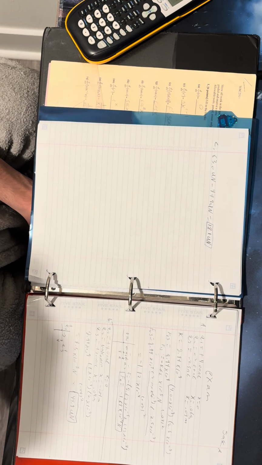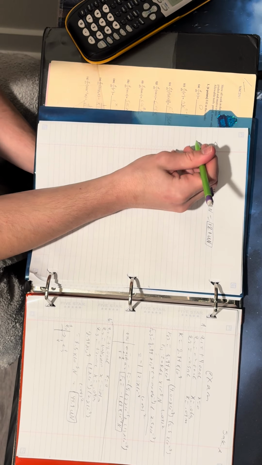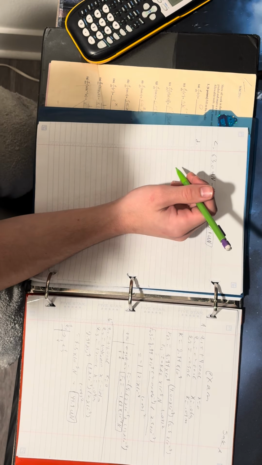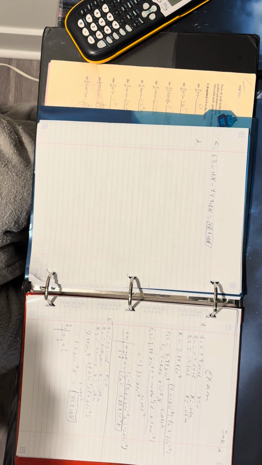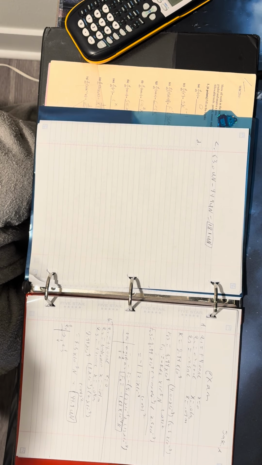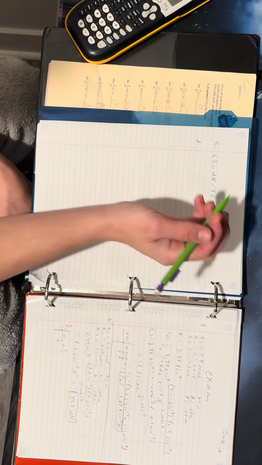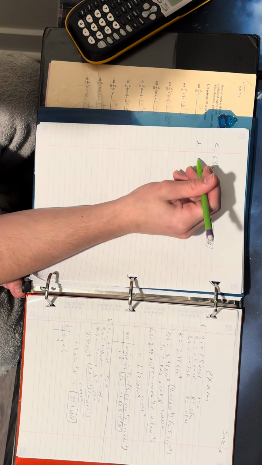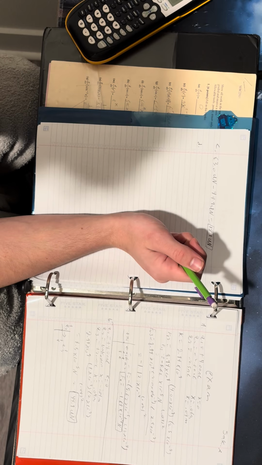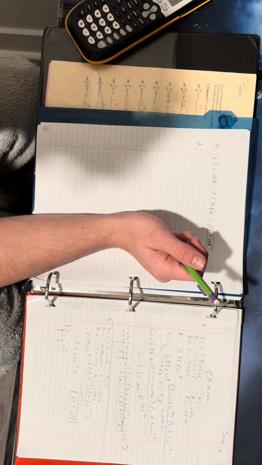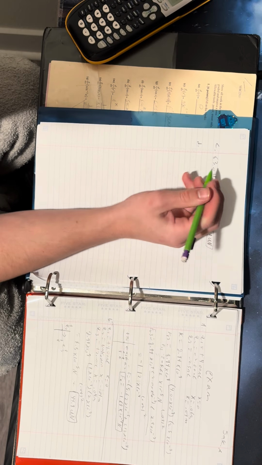For D, it's asking us to find the charge of Q2. We're given 18.1, and we're going to have to move this to regular newtons.